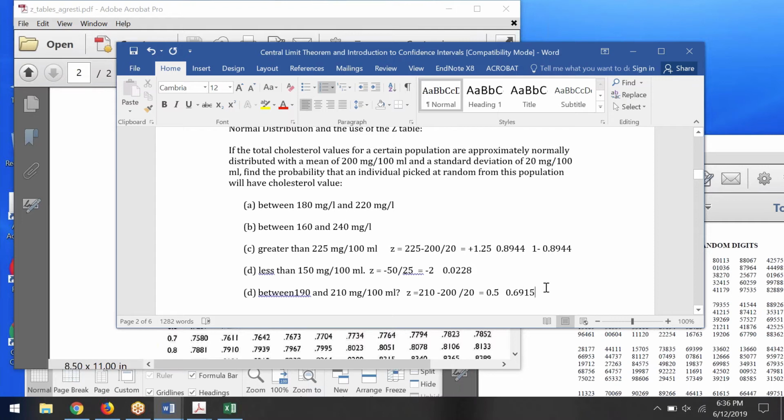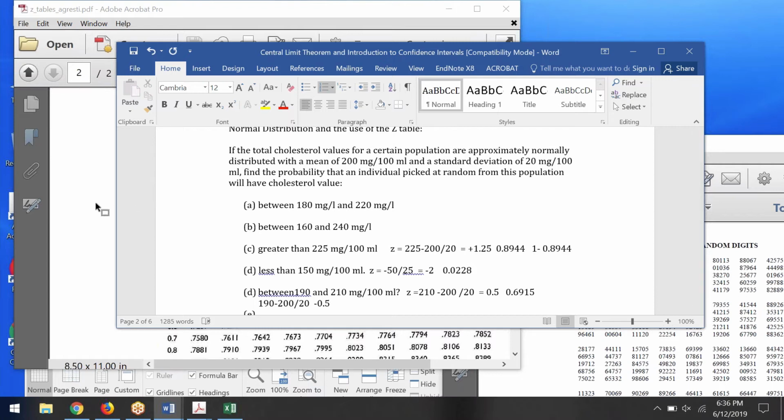What about the area to the left of the next value we're interested in, which was 190? So 190 minus 200 over 20 is going to be minus 0.5. So what area does that represent?